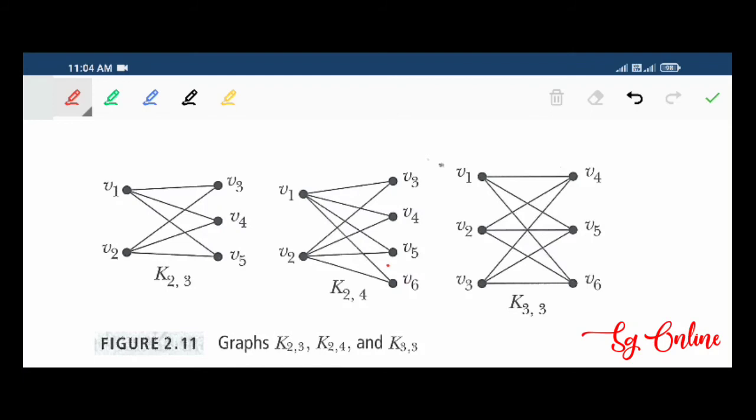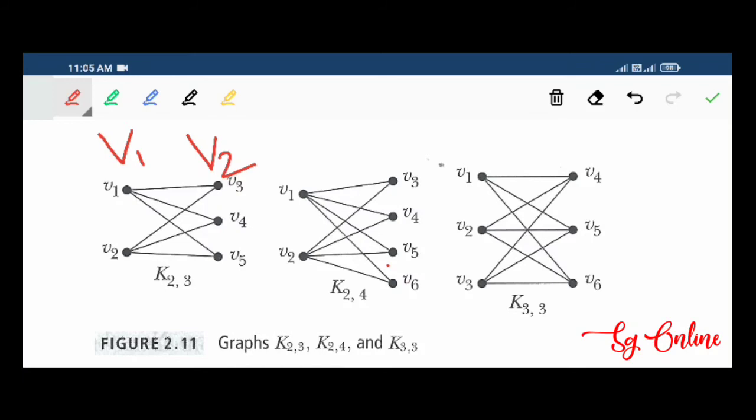These bipartite graphs are complete bipartite graphs. We say that a bipartite graph is complete if every vertex of V1 is adjacent to every vertex of V2. Here in the first diagram you see that there are two vertices in V1 and three vertices in V2, and each vertex of V1 is adjacent to all three in V2, and each vertex of V2 is adjacent to both vertices of V1.